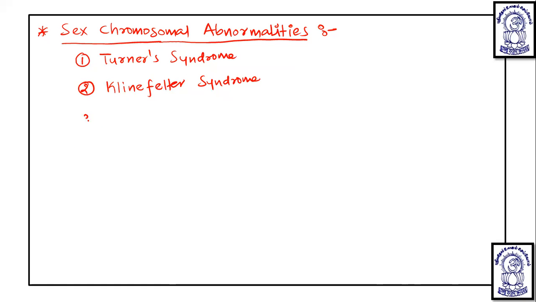Then we will discuss super female, and fourth one, that is super male. So we are going to discuss this. In this, super male and super female are of no importance, but we are going to discuss Turner syndrome and Klinefelter in detail.